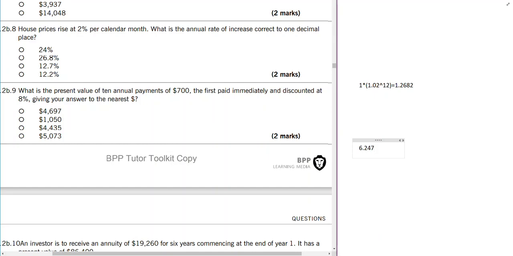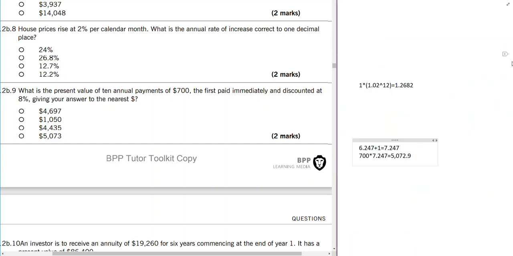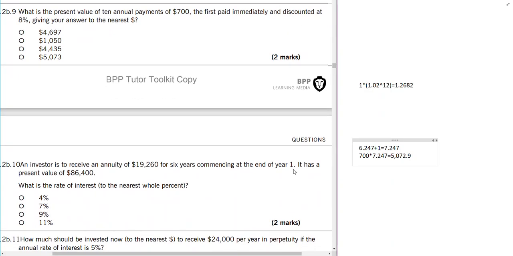Now this start from year 1, but we have cash flow in year 0 as well. So discount factor for year 0 is 1. We could just add that and now take 700 multiplied by 7.247. 5,073 would be your answer. What you could always do if you are not sure, take each year discount factor individually, and that will give you correct answer. But obviously that will take a lot of time.